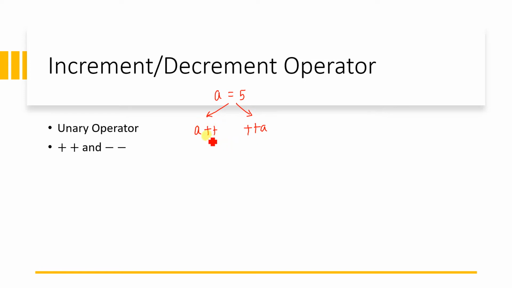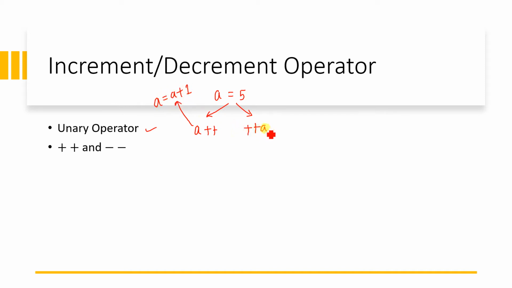Due to this plus plus operator, as I have already told you, this is a unary operator, so only one operand is there. So this plus plus operator will help a to increase its value by 1. That means the compiler will execute this statement as a is equal to a plus 1.